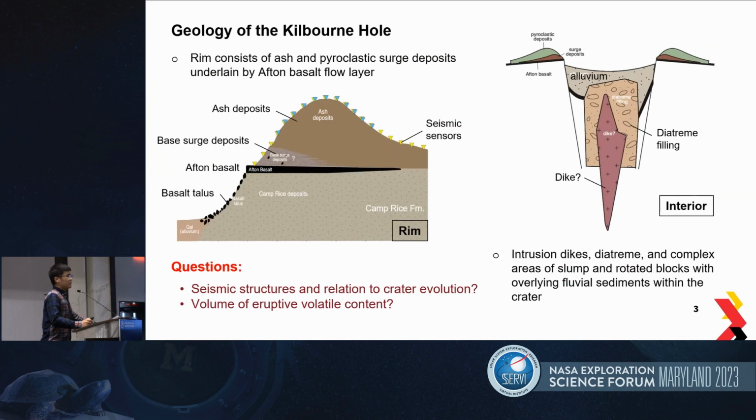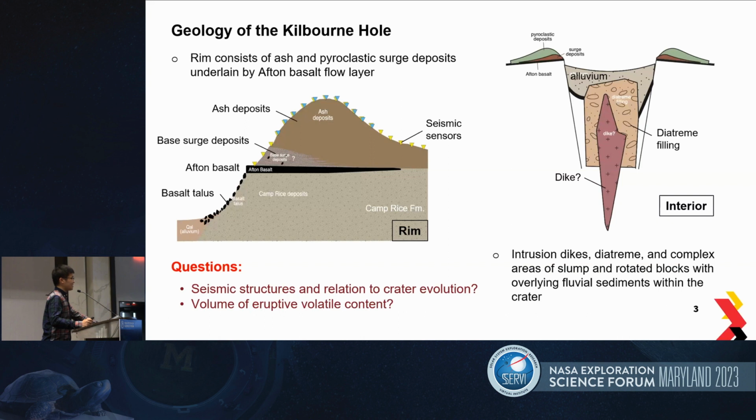The deposits over the rim of the crater include ash deposits, a base surge bed, a thin layer of basalt flow, and the underlying Camp Rice formation, mainly consisting of sand, silt, and clay. Within the crater interior, previous gravity and magnetic data have identified complex areas of slump and rotated blocks associated with crater collapse, and also a diatreme and several intrusion dikes.